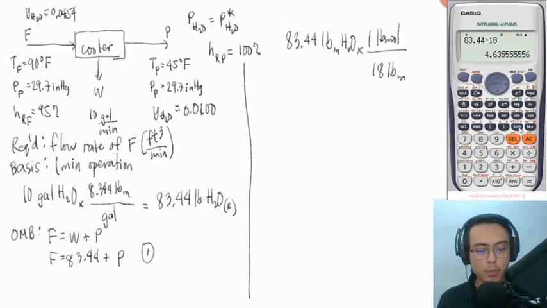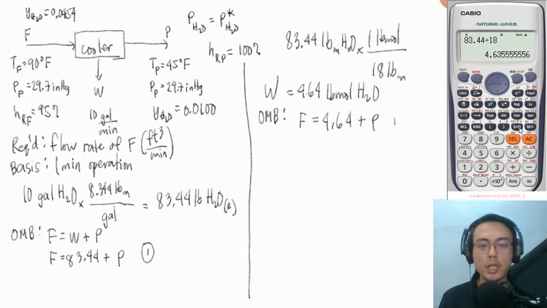Okay, we have 4.64 pound mole H2O. This is your W. Okay, going back to the OMB, that is feed is equal to 4.64 plus P. The only difference is that this second OMB is now in moles, okay, for simplicity.